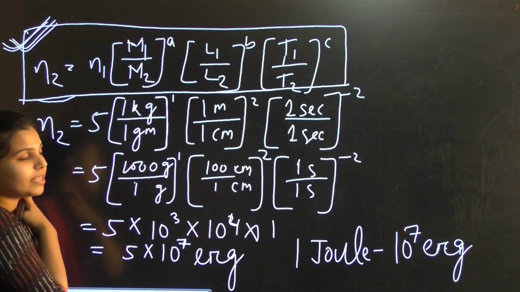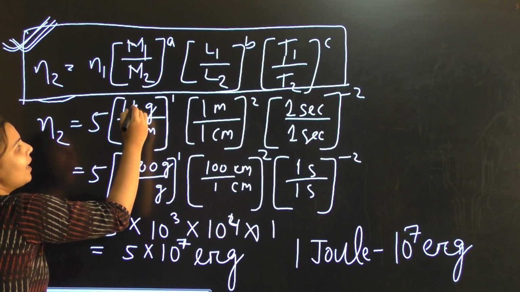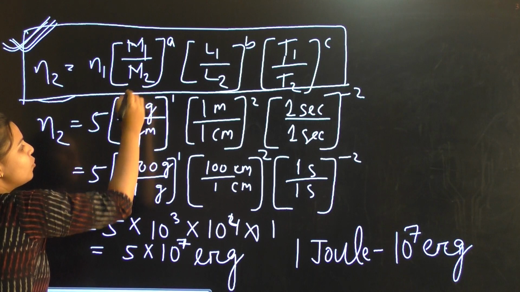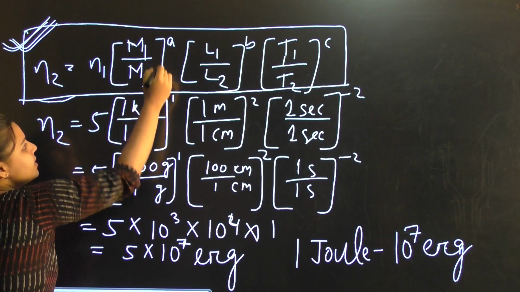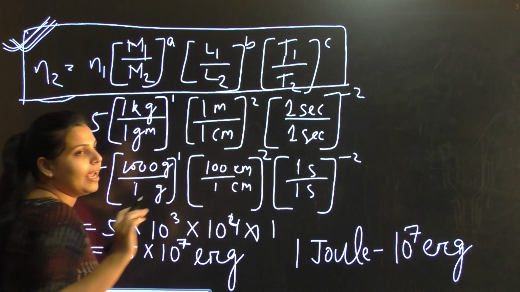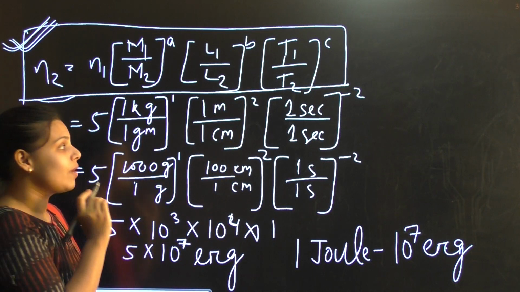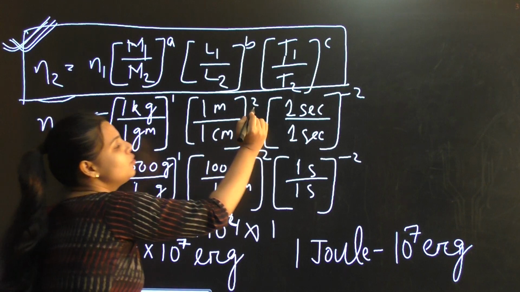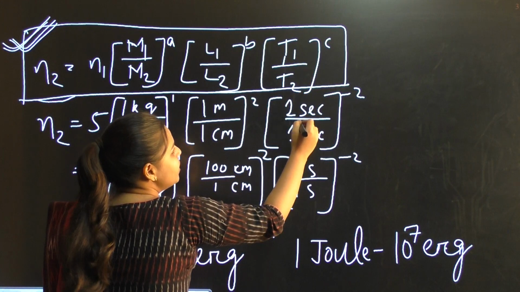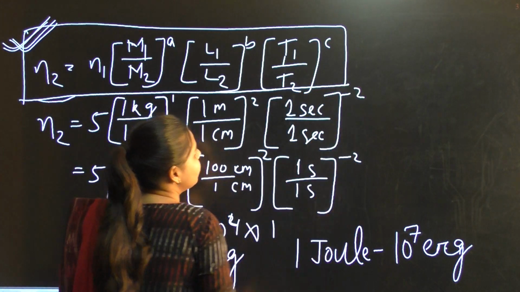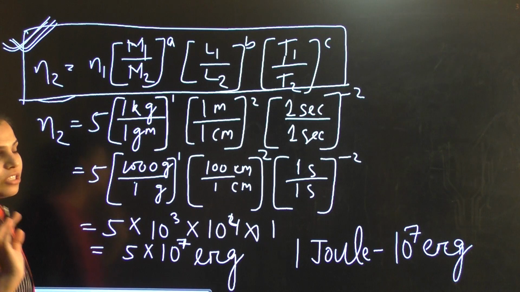M1 is in the MKS system, so we write 1 kg. M2 is 1 gram, a is 1. Then L1 is 1 meter, L2 is 1 centimeter, and b is 2. Then T1 and T2 are 1 second and their power is minus 2.